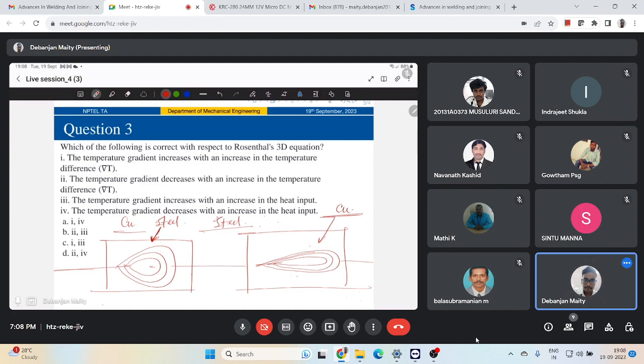Will my elongated contour follow a higher welding speed or a lower welding speed? Higher welding speed, yes. This is for higher welding speed, exactly, and this will be for lower welding speed. You got it, right?